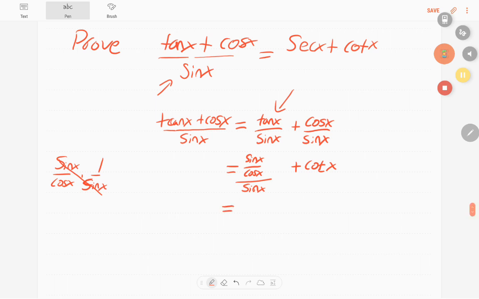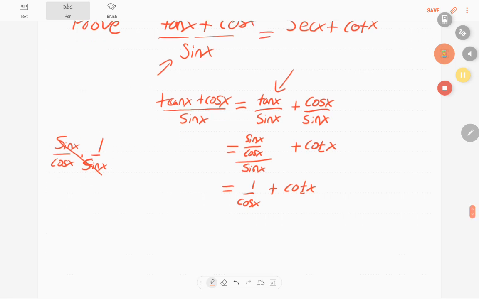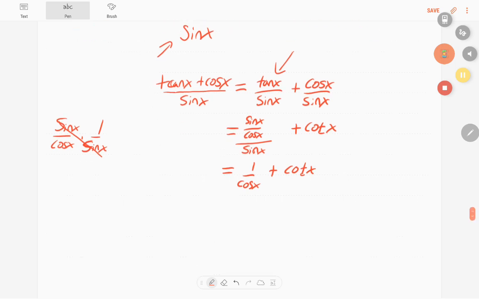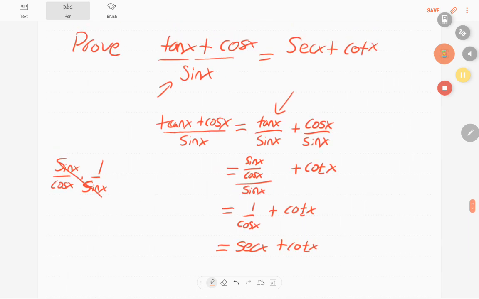So my next statement is going to be, hey, this is really just 1 over cosine of x plus cotangent of x. Okay. Which then, my final statement will be, well, that's just really secant. So this is equal to secant of x plus cotangent of x. So notice that was my desired result, which matches what I had up here.